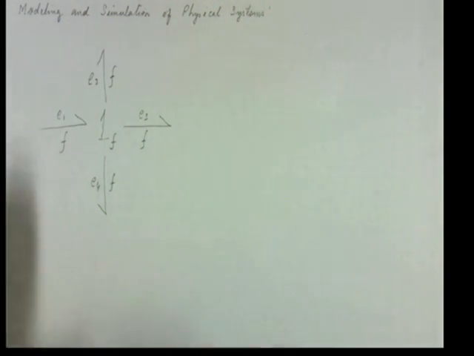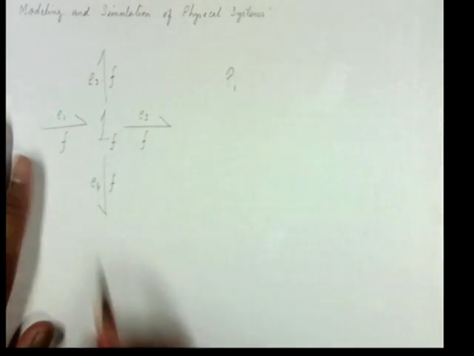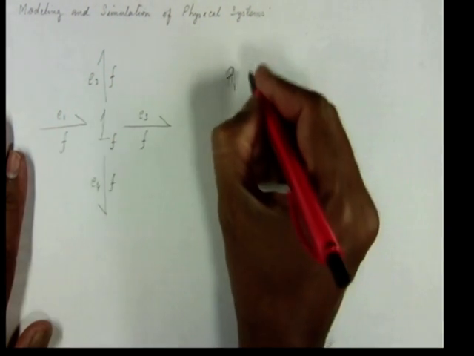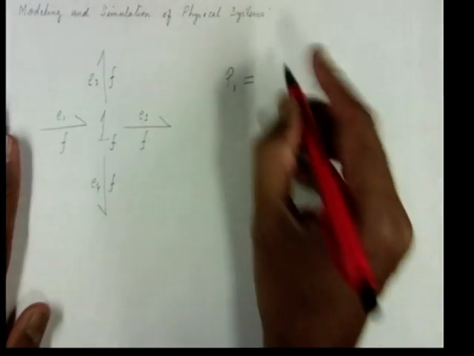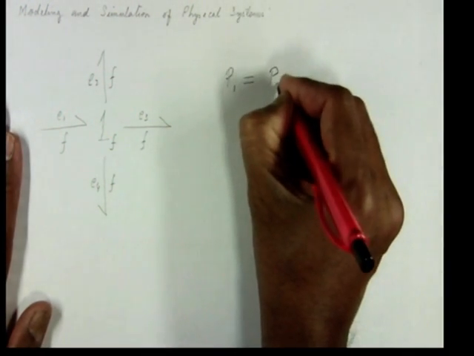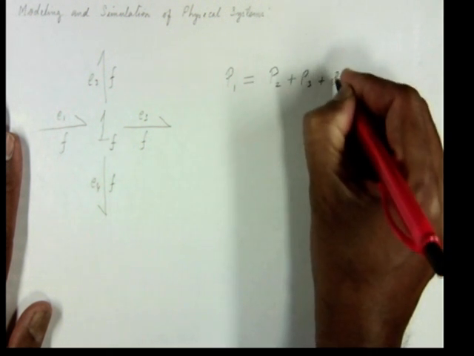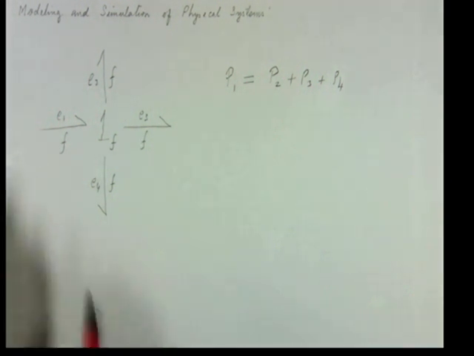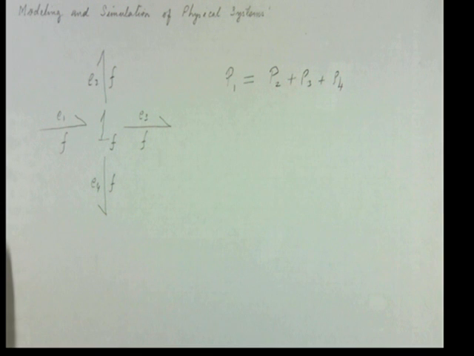So in that sense, whatever power is brought into it, let's say that in this case power is brought in through bond 1, the same power has to be distributed in the other bonds. So P1 equals P2 plus P3 plus P4, you can see this. In this example, this is what seems to be happening.